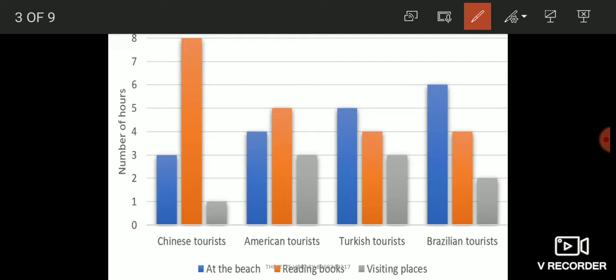Now if you check the American tourists and Turkish tourists, the time that they have spent on visiting places is the same, right? This is the first point I want you to note down: the number of hours that people from these two different categories have spent is the same. That's the first thing.